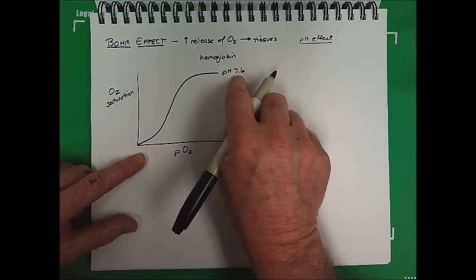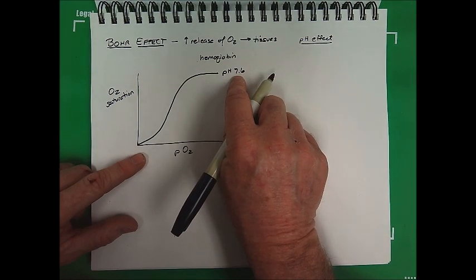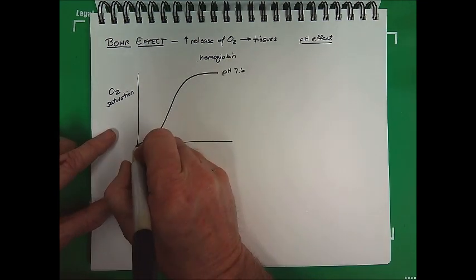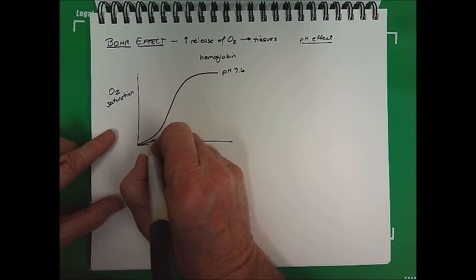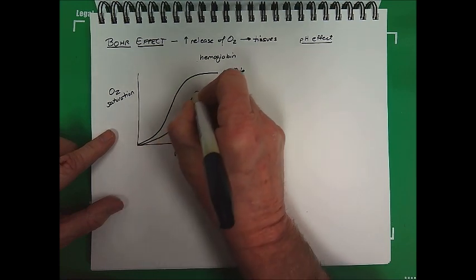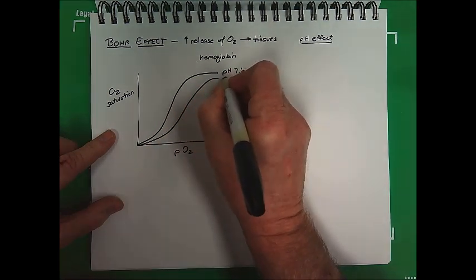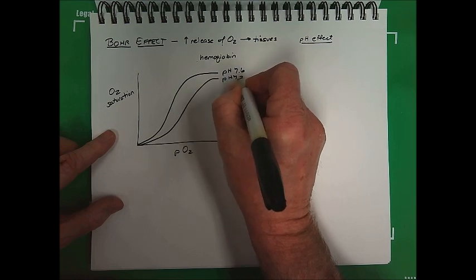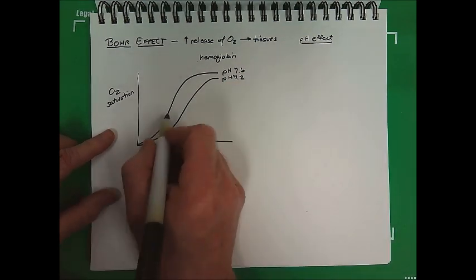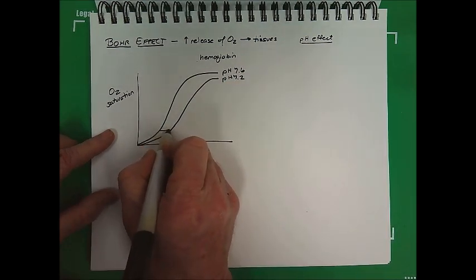Now let's change the pH to 7.2. Let's make it more acidic. What we see, essentially, is a movement to the right.